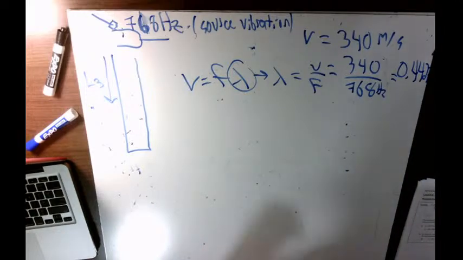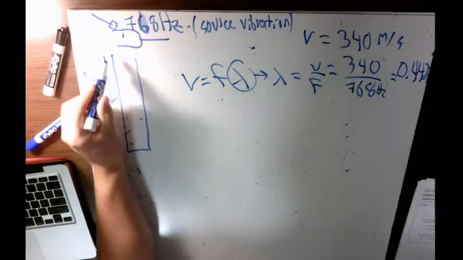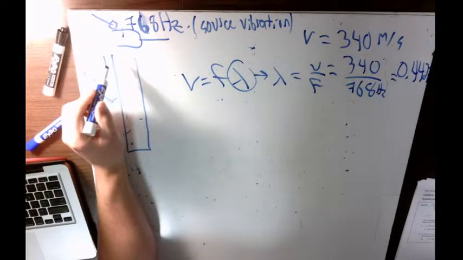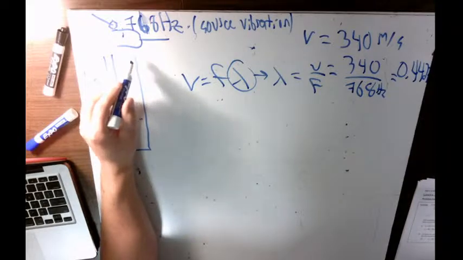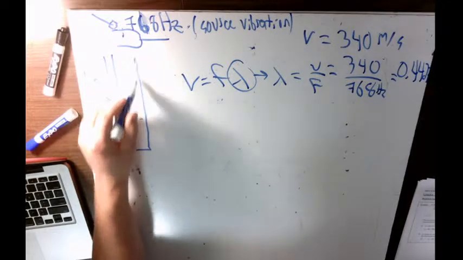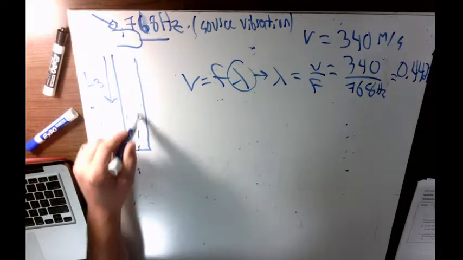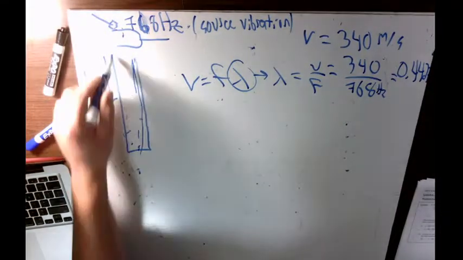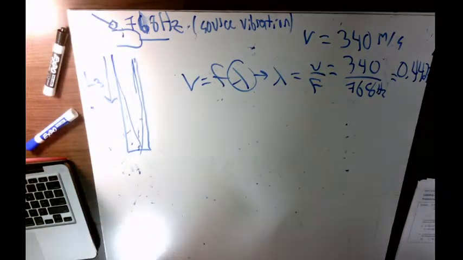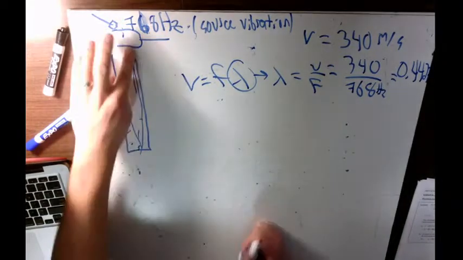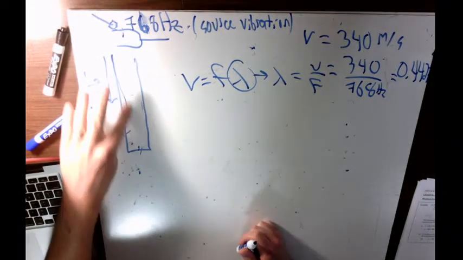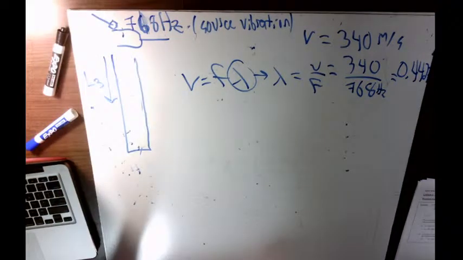So we have to now think about what's going to happen in here. So I'll just kind of walk through our different harmonics we could have. Our first one would look like that. That's really messy. That's our first harmonic. We're not looking for first, we're looking for third. So with third, we're going to have 3 half loops.